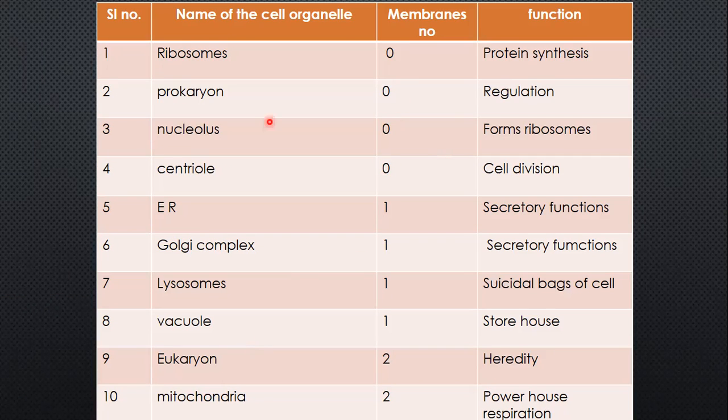We are able to see the ribosomes in prokaryotic cells and even in mitochondria and in chloroplasts.